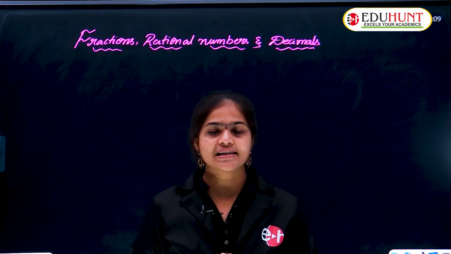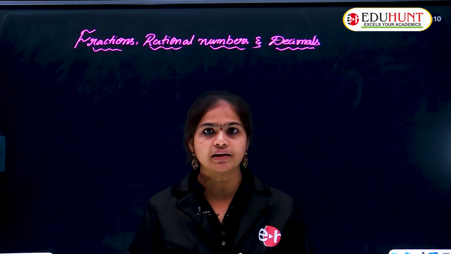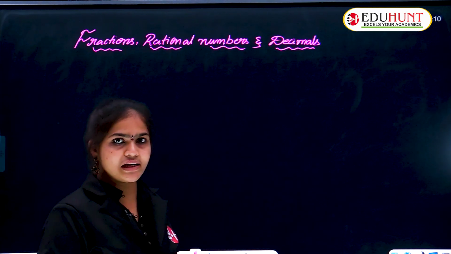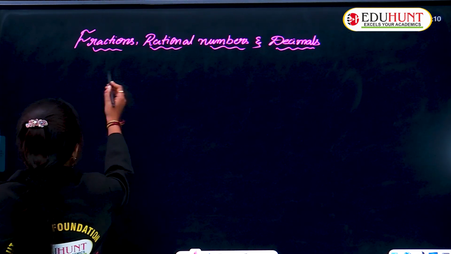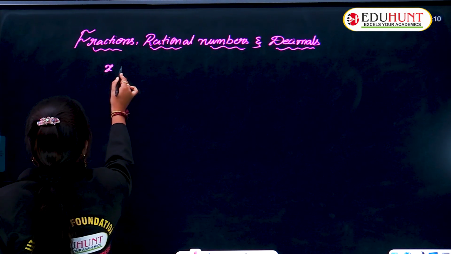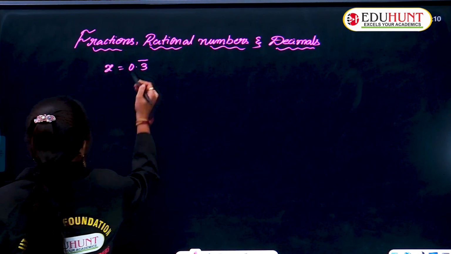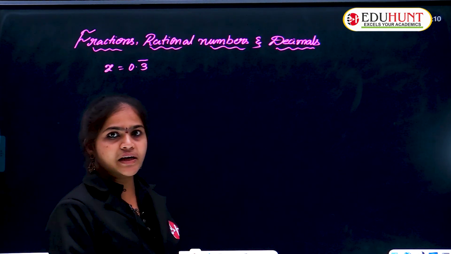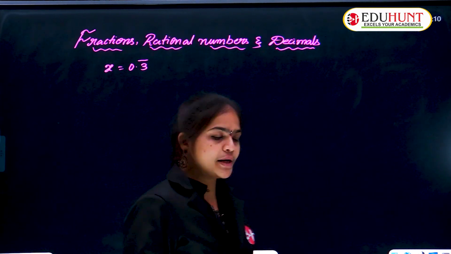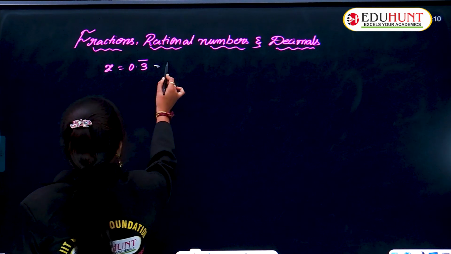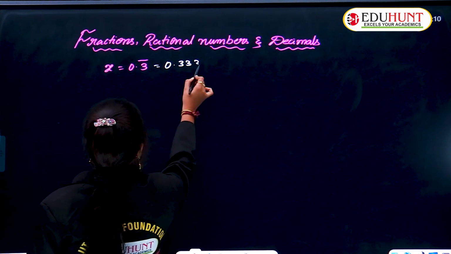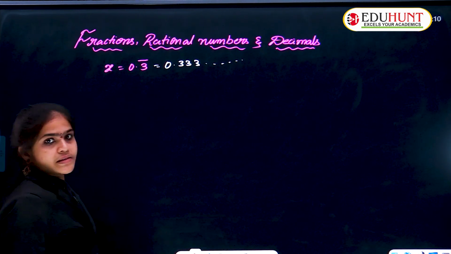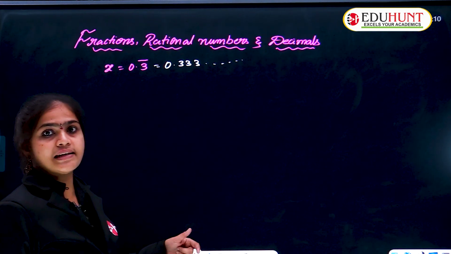But for your understanding of how to convert into a rational number, I will tell you one example here. Let us take 0.3 bar. 0.3 bar means 3 is in repetition.